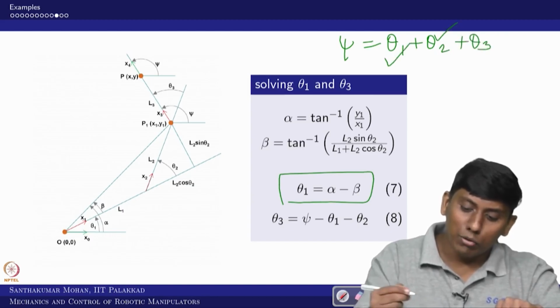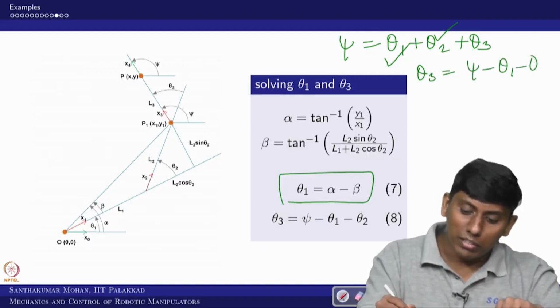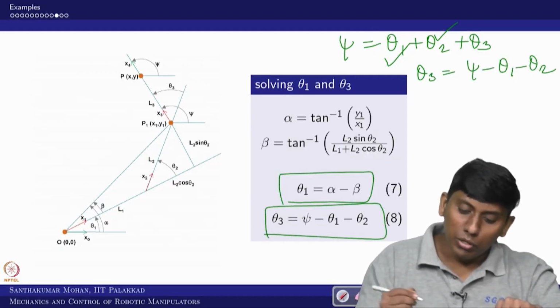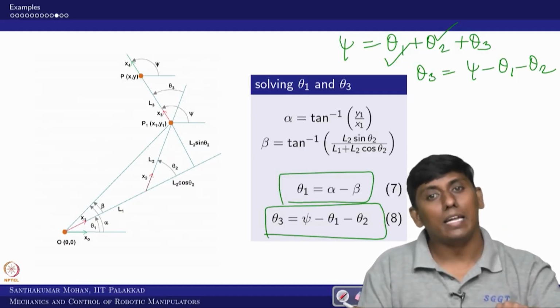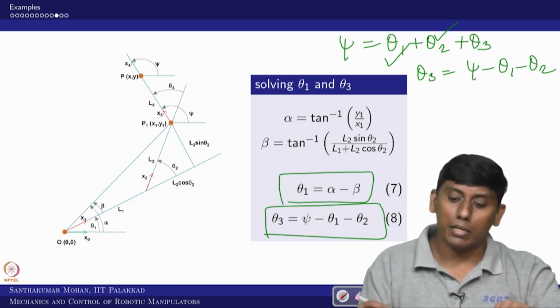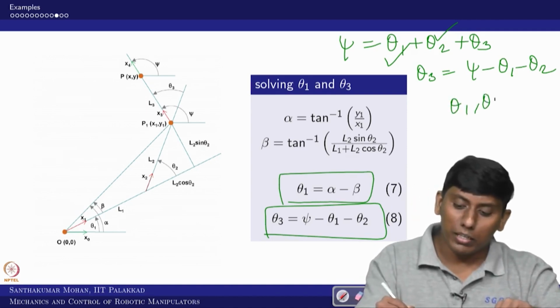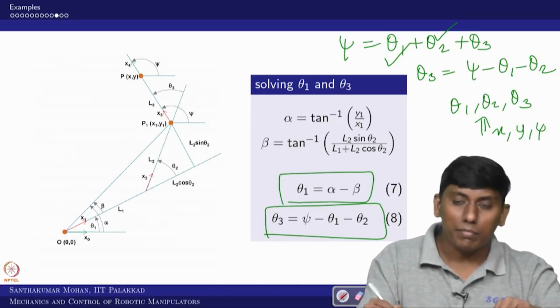Already I know this. So what is theta 3? Psi minus theta 1 minus theta 2. So you get all unknowns for given x, y and psi. So now you got what you call inverse kinematics: you found theta 1, theta 2, theta 3 with the help of x, y and psi.